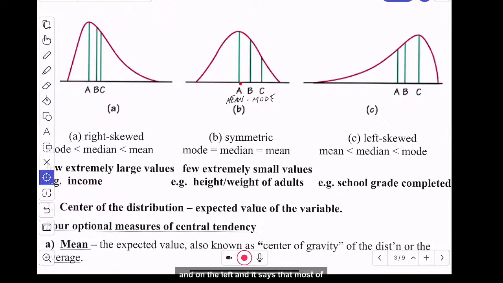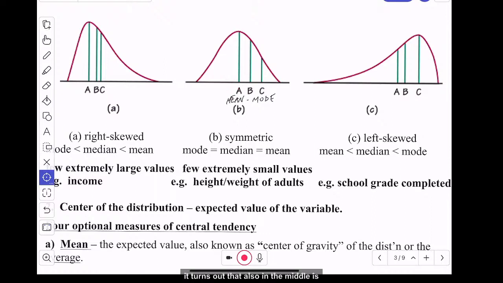And it says that most of the values are at A. Some are higher, but just as many are just a bit lower. And some are much higher, but just as many are that much lower. So it balances out on either side. And what you expect if you were to bet is that observations would occur around here, very, very close to the middle. And your best guess would be the mean.